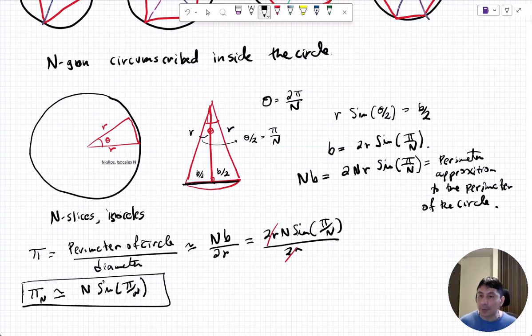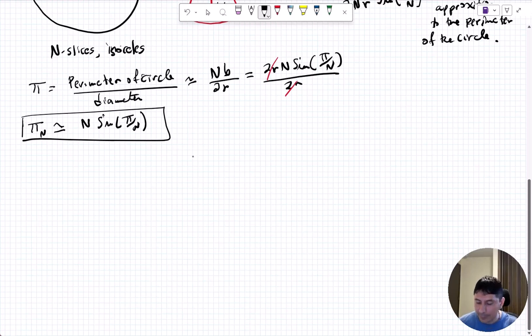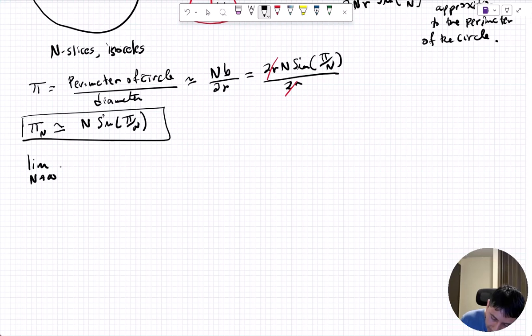Now we're going to use some calculus to figure out the limit as capital N goes to infinity, and we're going to show that it is indeed equal to pi. So the limit as capital N goes to infinity of pi sub N is going to be the limit as capital N goes to infinity of sine of pi over capital N divided by 1 over n.